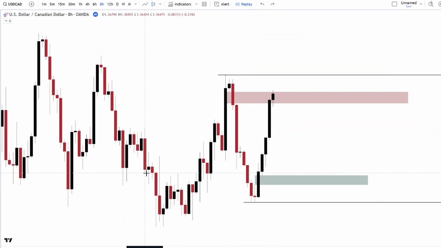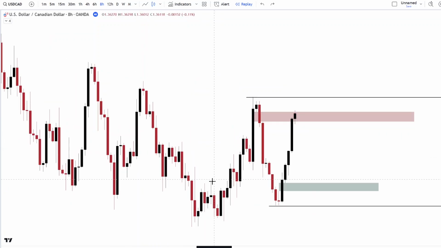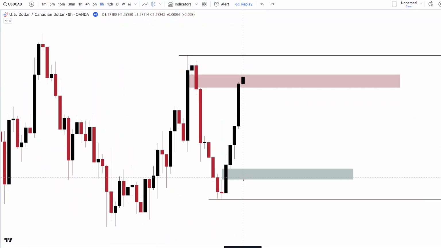And as you can see here, you can look at multiple examples from a previous structure. Let's find an example as far as that goes. There is really no example as far as that goes here, but we'll continue.